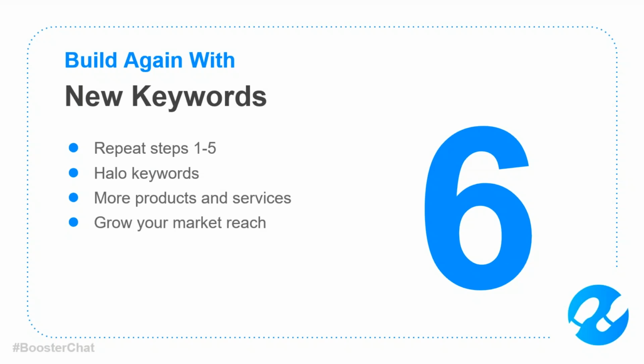Halo keywords are the perfect place to look for those. Or maybe you're in a good position to start expanding your products and your services, or open a new location, or target a wider geographical area around where you're at. You know, once SEO is working for you, it's a perfect time to grow.